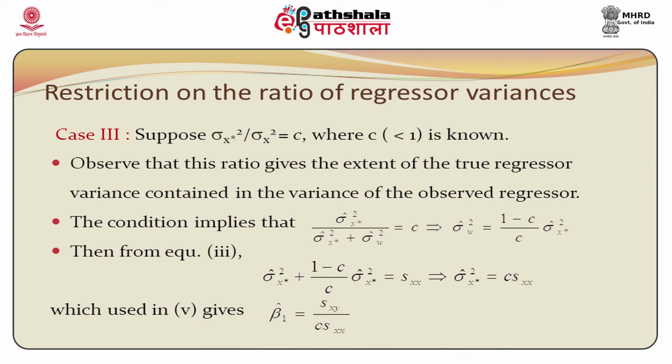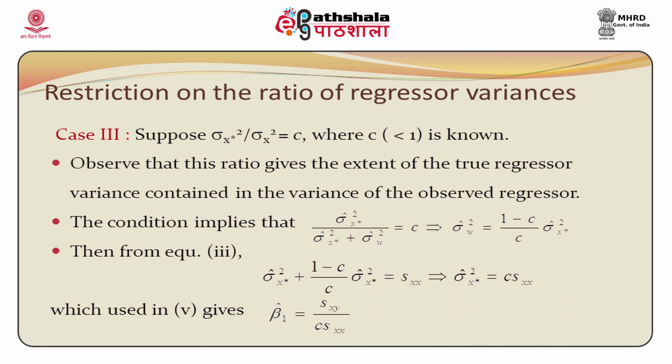Suppose c is 0.8. We will say that 20% of the variability is because of the error sigma w square and 80% because of the true value. So, we are just saying how much of the true value is contained in the variable that we are measuring and what proportion of it is error. So, we are talking in terms of proportionality, and hence it is easier to conceive than the exact absolute value of these variances being equal to some particular value.